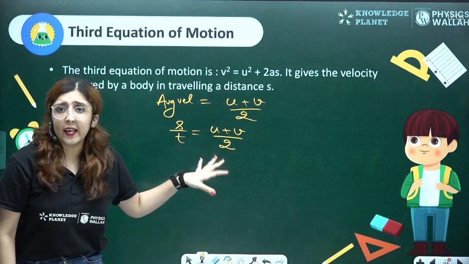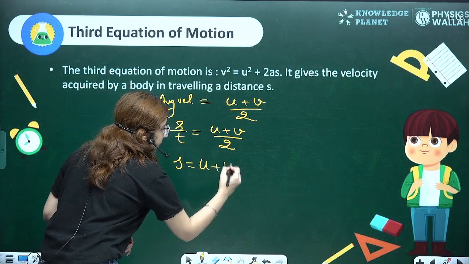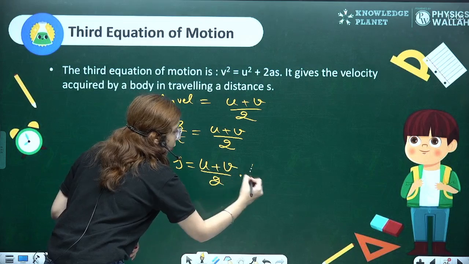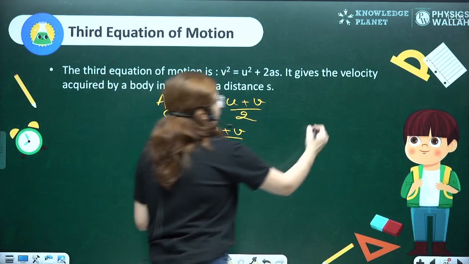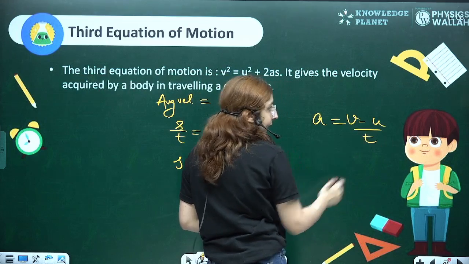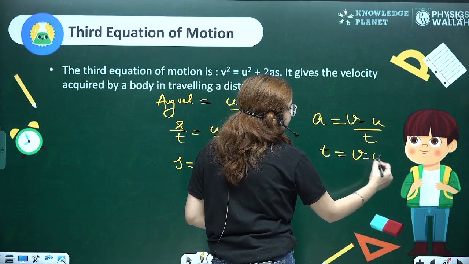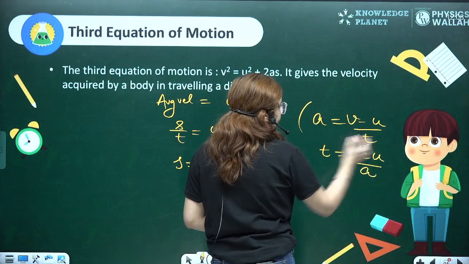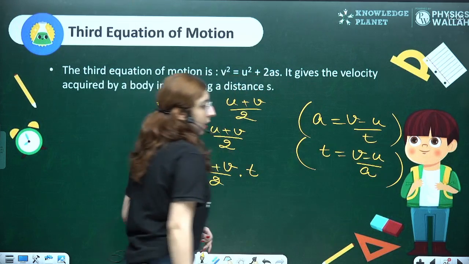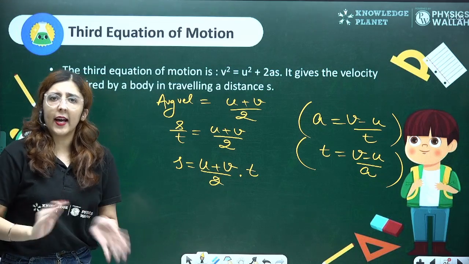I don't require t, right? So s is equal to u plus v by 2 into t. This t needs to be removed. Acceleration is v minus u by t. From the first equation of motion, the value of t will be v minus u upon acceleration. Can I use that? We are just going to use the first and second equations of motion together, hand in hand.